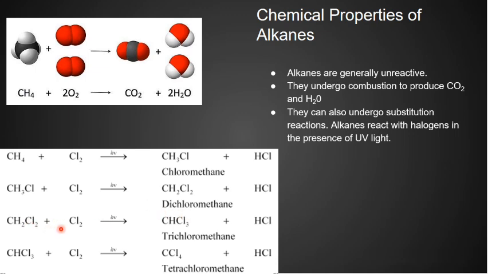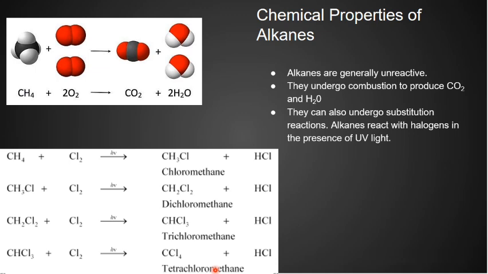In the third stage, we have this dichloromethane combining with another chlorine gas to form trichloromethane. The trichloromethane again combined with another chlorine gas to form tetrachloromethane. So all this is actually a substitution reaction.